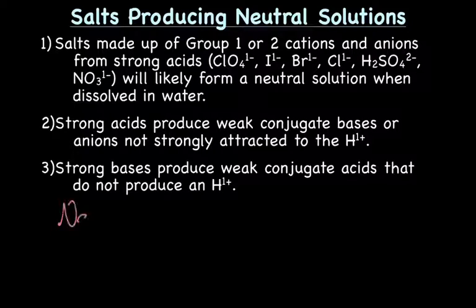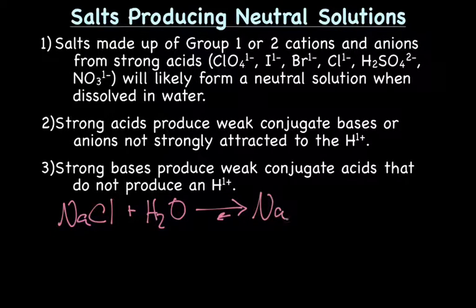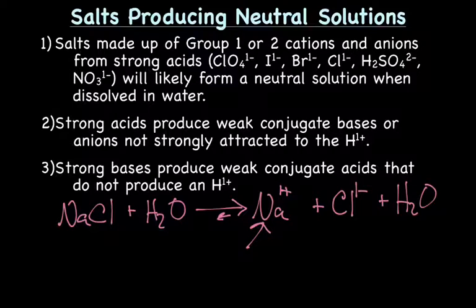So if we take NaCl, which we've already gone over, in water, it basically just dissolves because sodium is not likely to lose an H, so it's a weak conjugate acid, and chloride is not likely to gain an H, making it a weak conjugate base.